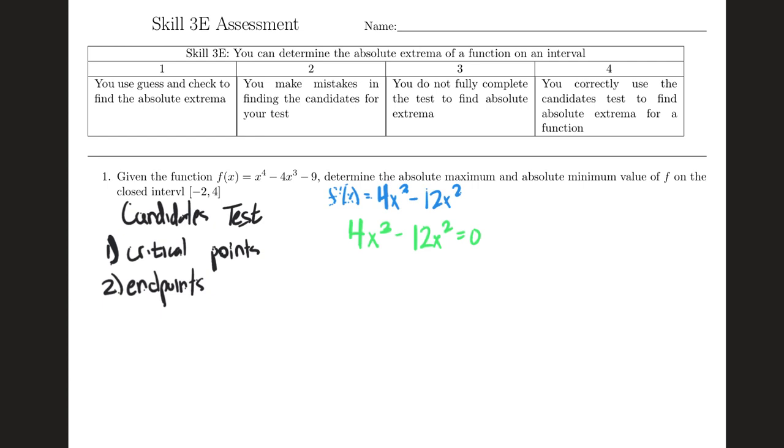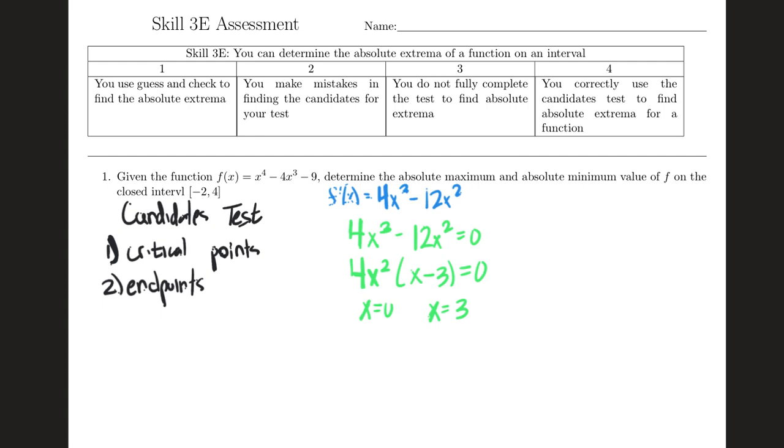As always, when you're trying to solve something equal to 0, first thing you want to do is factor out common factors, because that makes the rest of the problem easier. I get x equals 0 and x equals 3. So those are two of my candidates because those are the critical points.